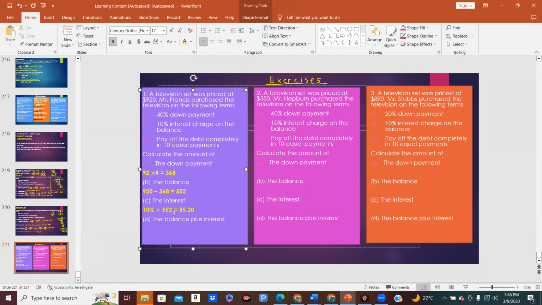So 10% times 552 is going to give us $55.20. Now we want the balance plus the interest. What's that going to be?